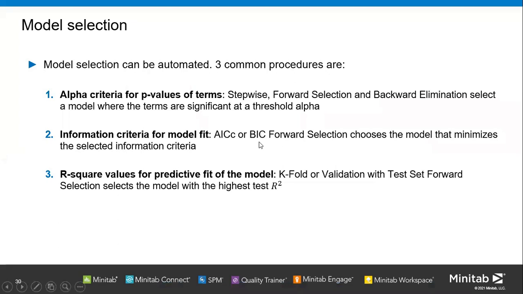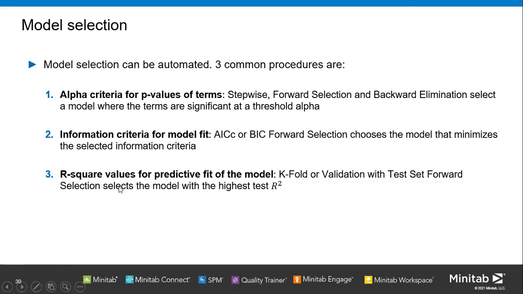Okay. So during model selection, we have automated selection. We have three common procedures. The first looks at the criteria for the p-value, and the second is information criteria for the fit, where we have AICc and BIC. AICc is the corrected Akaike information criterion, and BIC is the Bayesian information criterion.